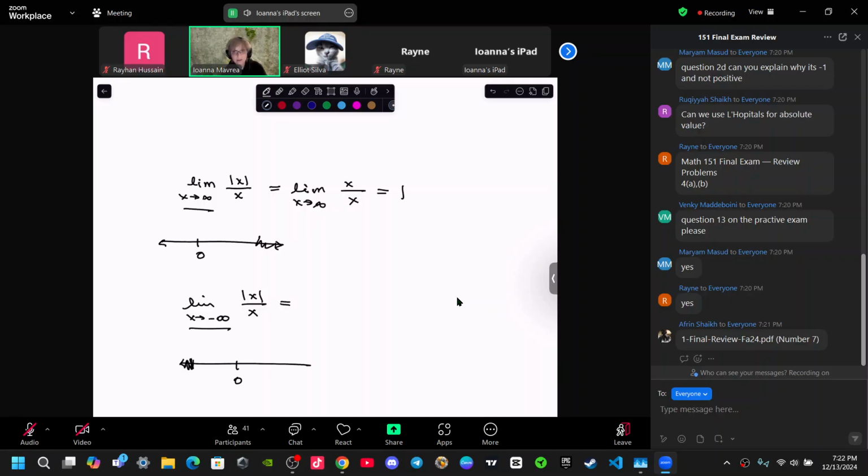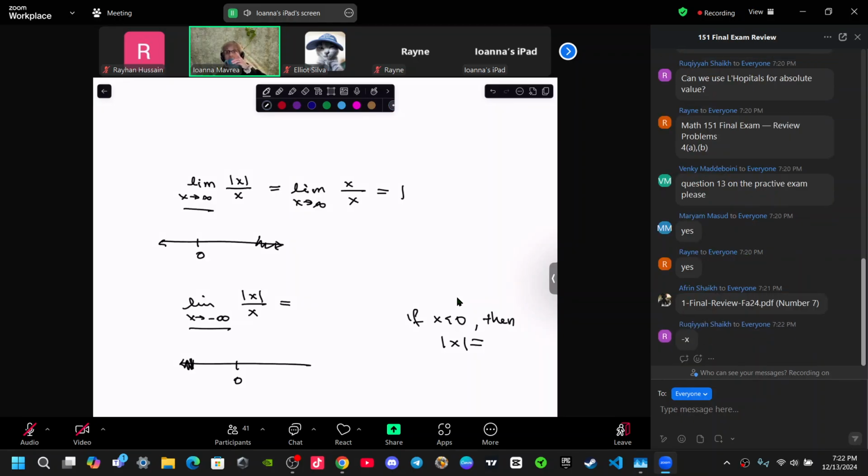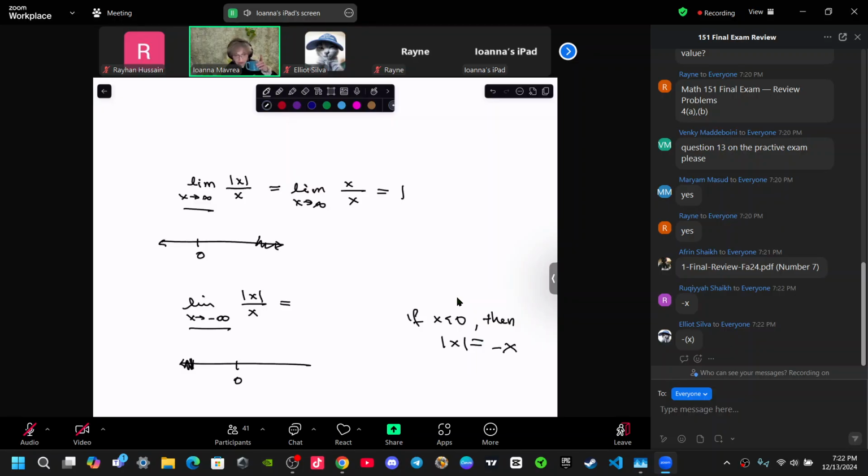If x is negative, then the absolute value of x is equal to what? How can I simplify it? Did somebody answer? Negative x.